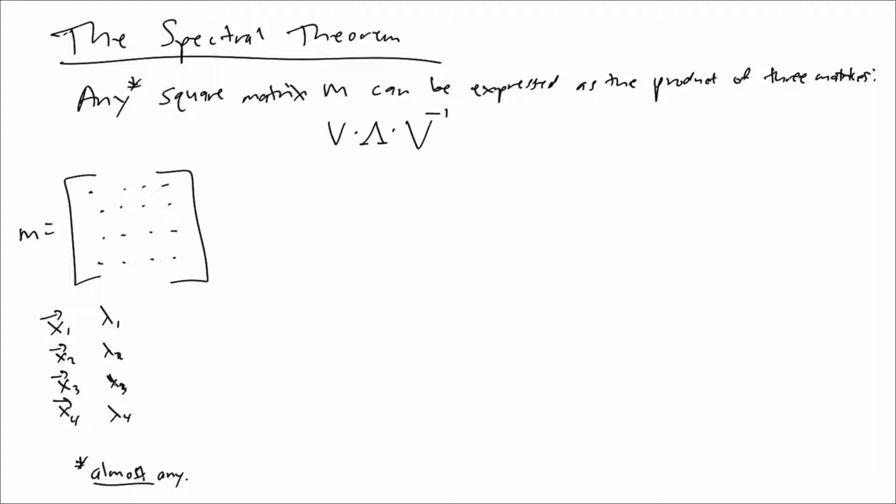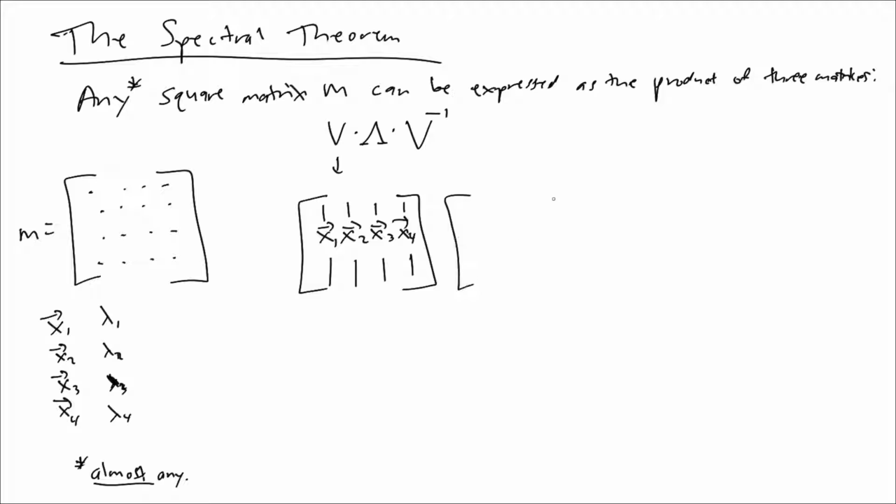I can count. Okay? Here's what V is. V is a 4x4 matrix that has all of the eigenvectors in it as columns. So take all of the eigenvectors, each of which is a 4x1 vector, and arrange them as columns on this thing, and you have V.